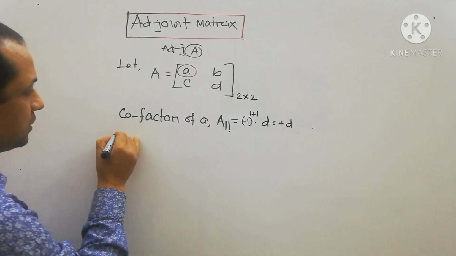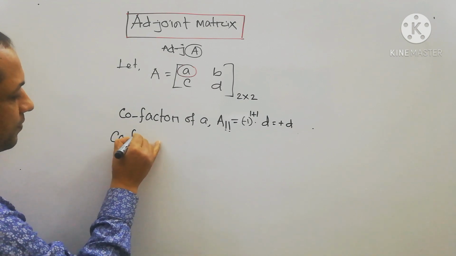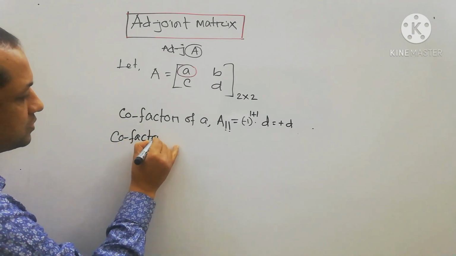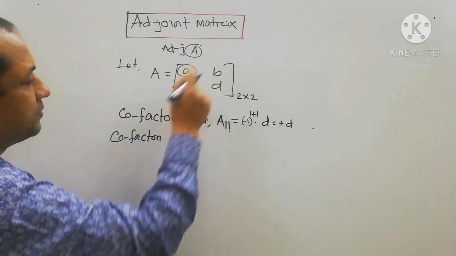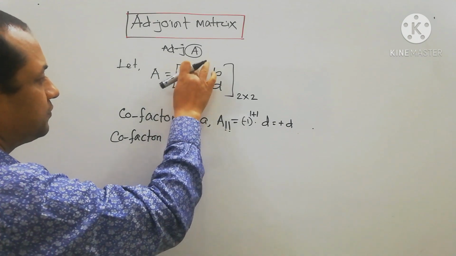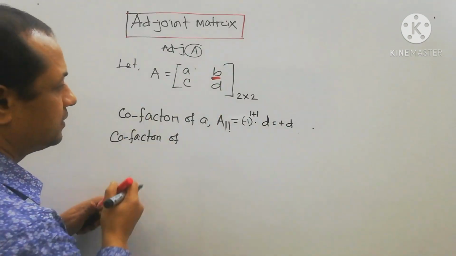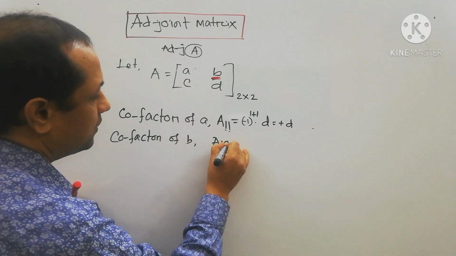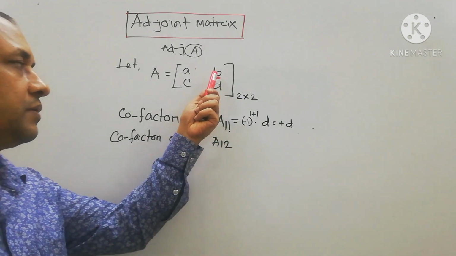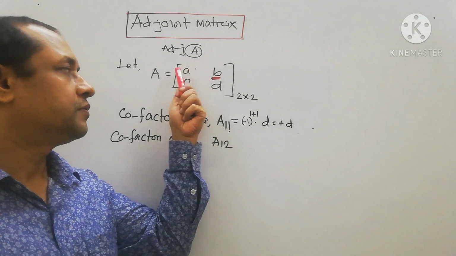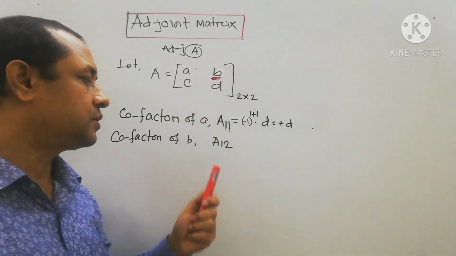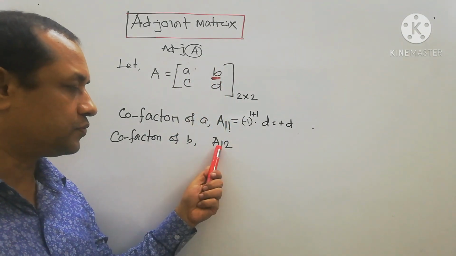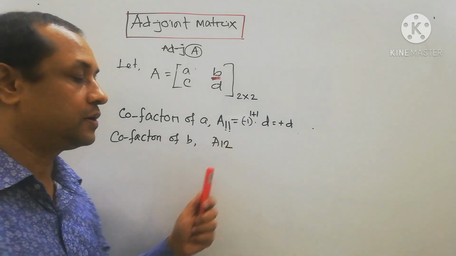Again students, cofactor of B. It is denoted by A12. This is the entry B, in the first row and second column.